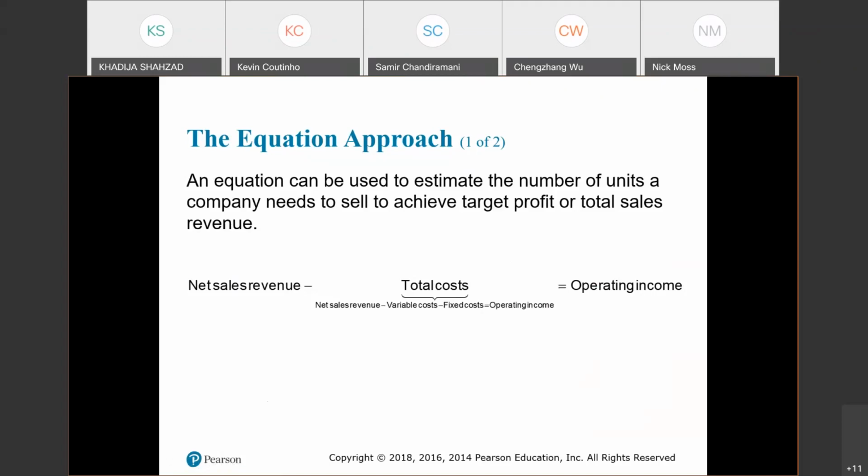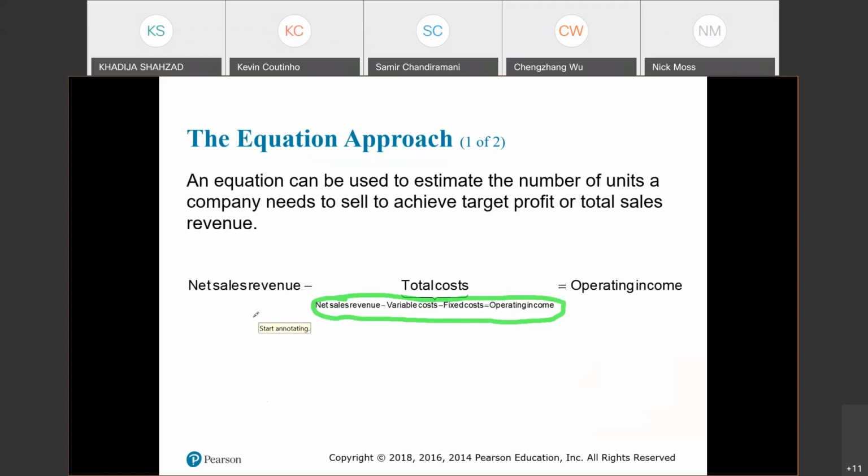So the total cost can be broken down into variable cost and fixed cost. So the general equation can be broken down into this form: net sales revenue minus variable cost minus fixed cost equals operating income, where operating income in the case of the break-even point is 0.